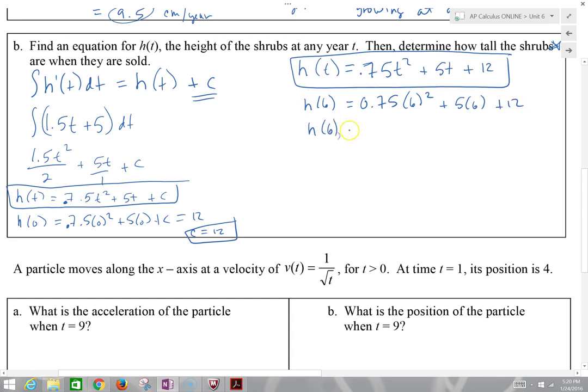Get my calculator out, and we get h of 6 is 69 centimeters. So the shrubs will be 69 centimeters when they are sold.